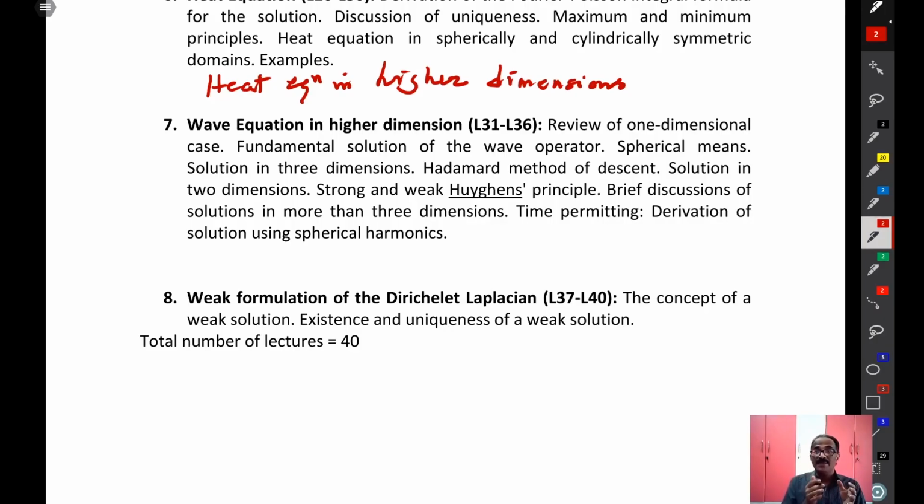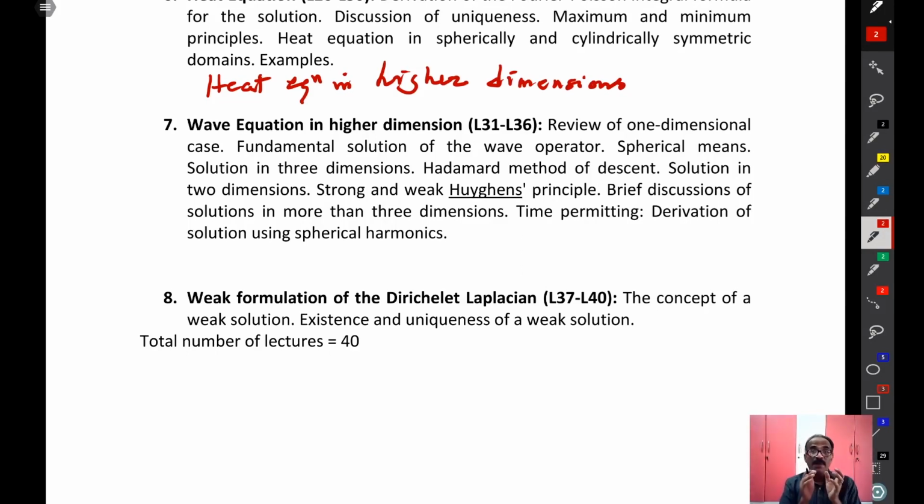After that, you will descend, using Hadamard's method of descent, to study the solution in 2 dimensions. Basically, you understand the 2-dimensional equation as an equation in 3 dimensions, write the solution obtained in 3 dimensions, and using projections you bring it to 2 dimensions.